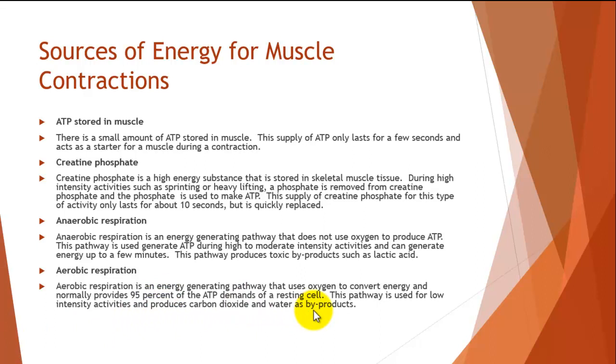But if you want to know a good way of determining what pathway you're in, if you're walking with someone and you're carrying on a conversation, or maybe you're jogging and you're carrying on a conversation, if you can talk while you're doing your exercise, you're in what's called the aerobic pathway.